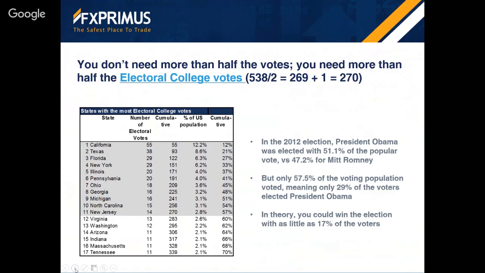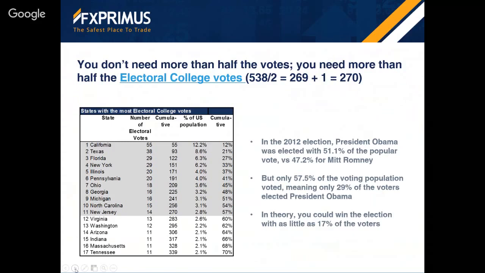Now, this table shows you how many electoral votes each state has. They're ranked in size. And when you get to cumulative, that shows you the cumulative number of votes. What you'll see is that the top 11 states have 270 electoral votes. That's how many votes you need to win the election.